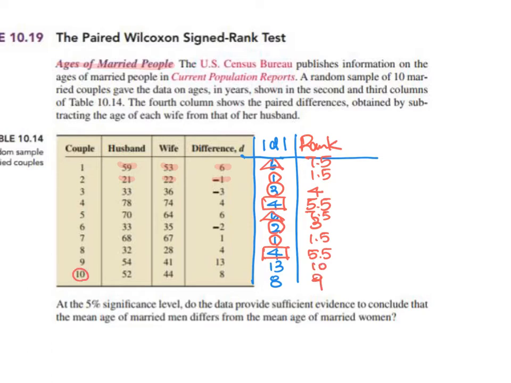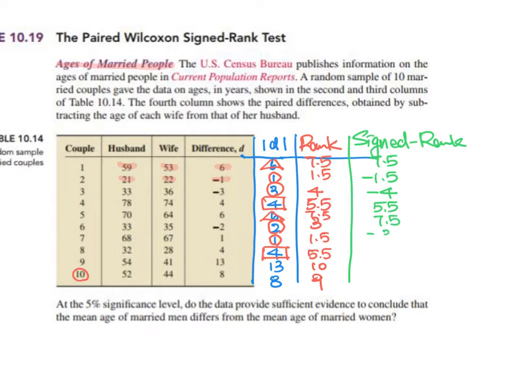Now we get the signed ranks: 7.5, negative 1.5, negative 4, 5.5, 7.5, negative 3, positive 1.5, 5.5, 10, and 9.